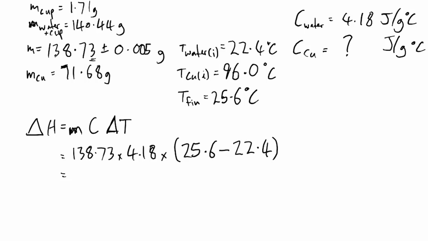Now, no, too much precision, because I've got 2 decimal places here and here, but only 1 decimal place here. So my answer should be to 1 decimal place: 1855.7. And remember that the unit of that is joules.